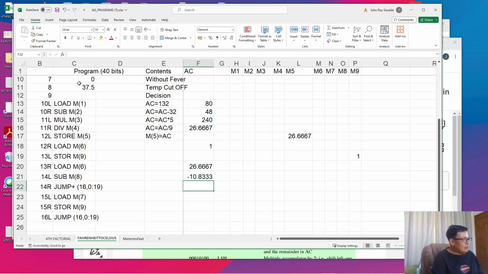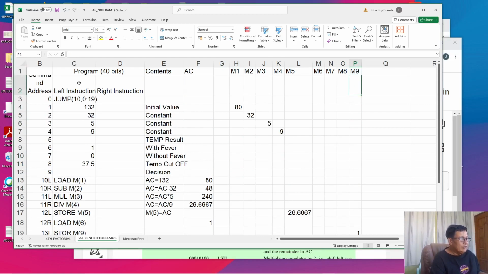Now, what follows is a jump plus, which means that it will only jump to the final line if the result is positive. But since this is not positive, it will proceed to the next, which is load M7. So M7 is 0, and we store it in M9 to become 0, and it will proceed to 16L, which will halt. So this is correct. 26.67 is not feverish. Therefore, our decision is 0.